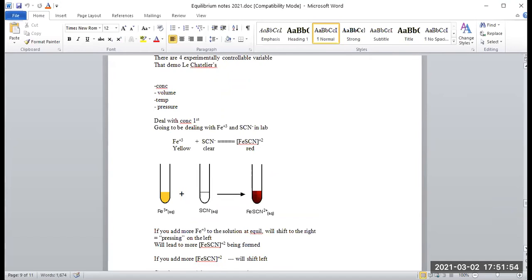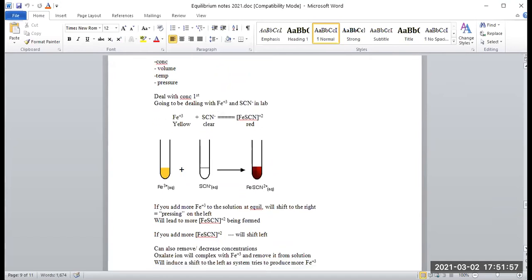So let's look at the concept of the concentration one first. And after spring break, we're literally going to be using this particular equilibrium as part of a lab. And you also see it in the video for the Le Chatelier's that's on Canvas.